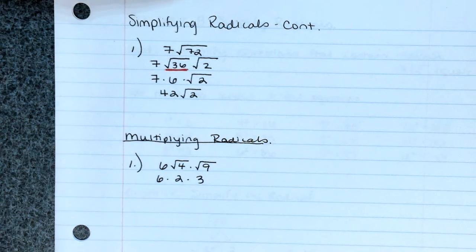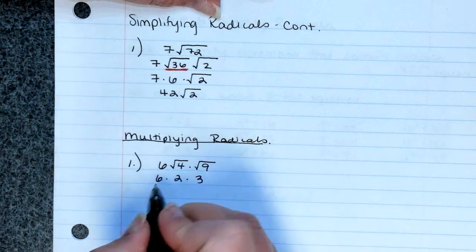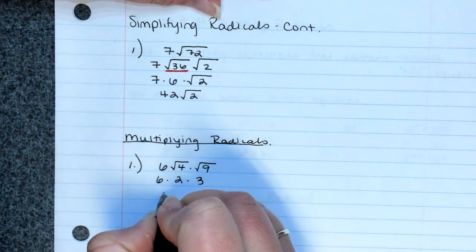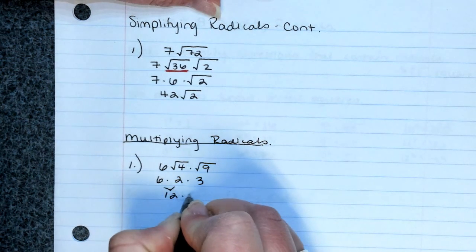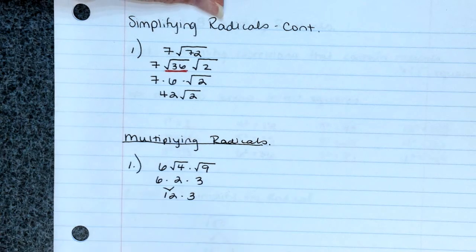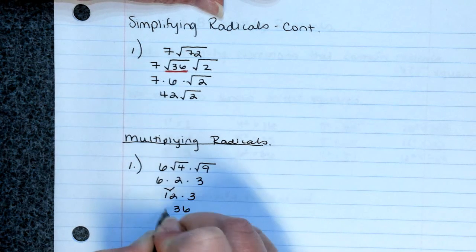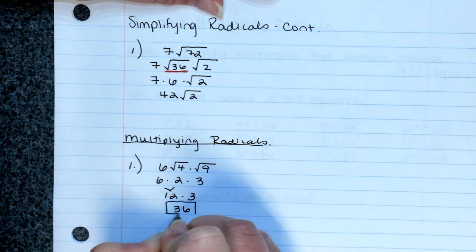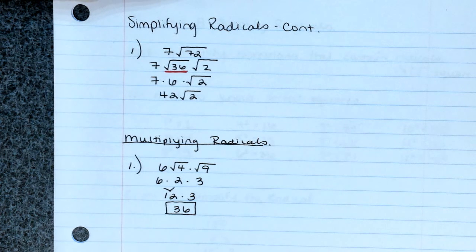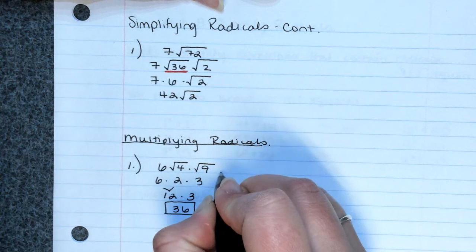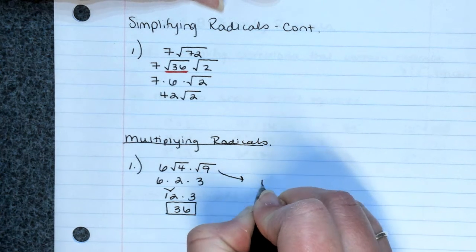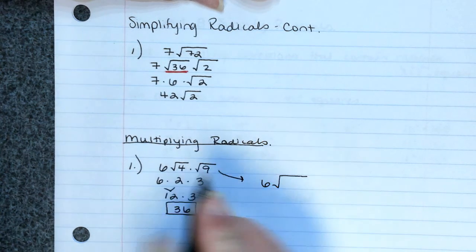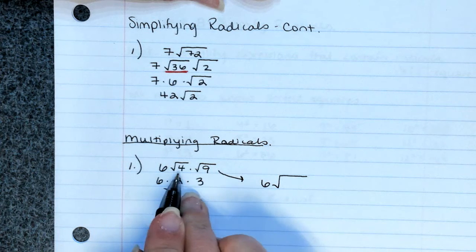6 times 2 times 3, you guys can do that. 6 times 2 is 12, so we have 12 times 3. 12 times 3 is 36, and that would be your answer. Okay. Now the other way I said you could go about it was you could have taken 6 square roots of, what's 4 times 9?